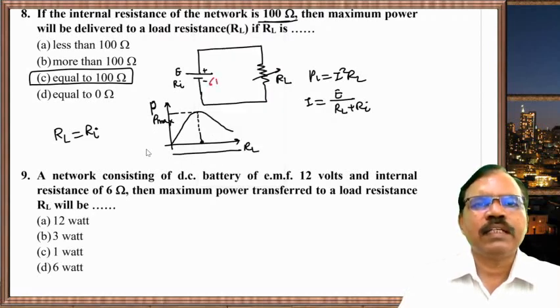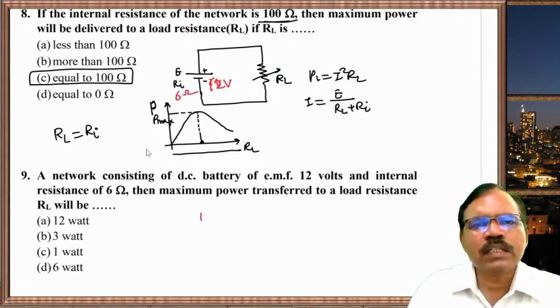Here 12 volt and 6 ohm. So what is current through the circuit? I is equal to E upon Ri plus RL. Now E, that is 12 volt, divided by 6 plus RL.